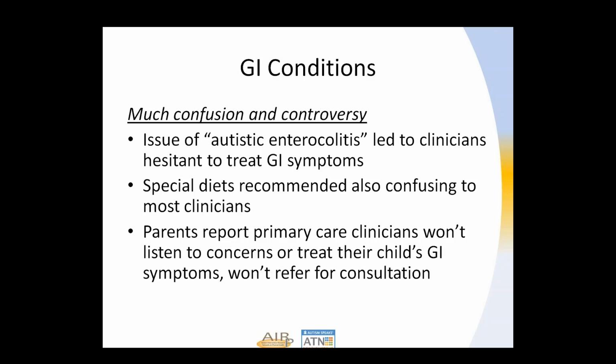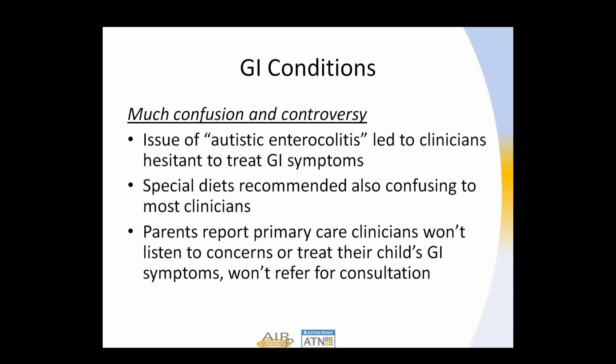In addition, because of sensory issues and other factors associated with autism, many patients have special diets because of their food sensitivities or their selective diets, and families come to their primary care doctor asking about these diets and whether they should be on them. And most primary care clinicians can't keep up with all of the various diets that have been recommended for people with autism.